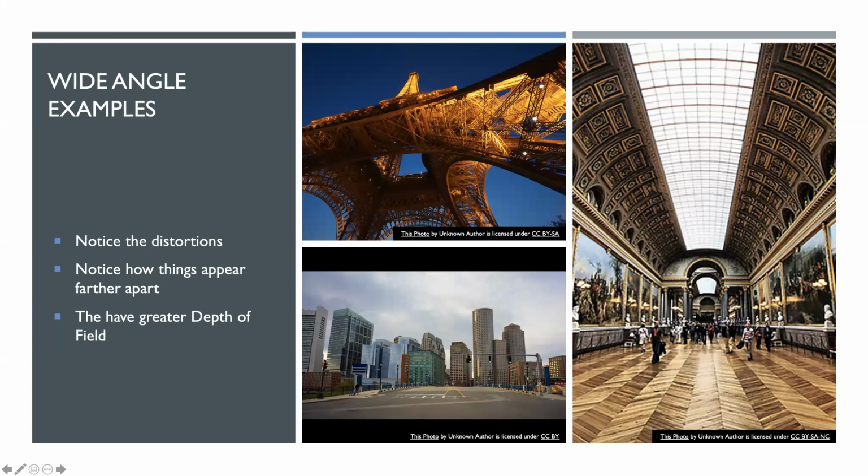It seems as though this is incredibly far away, when if you were in that room, it probably isn't. But the wide angle distorts that, the elongation of the scene, and things appear farther apart. Even in this scene over here on the bottom left, everything seems so far away and at a great distance.